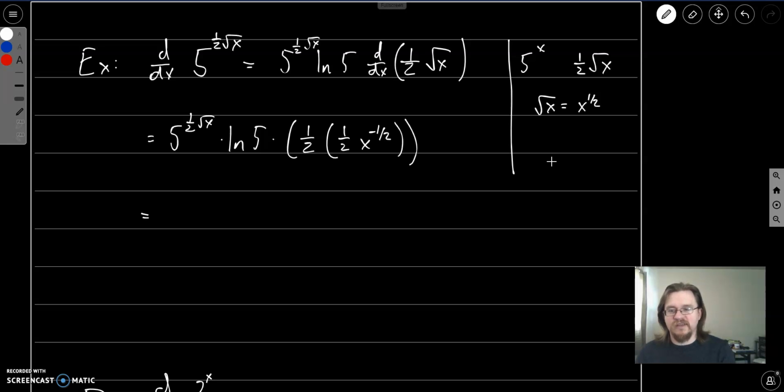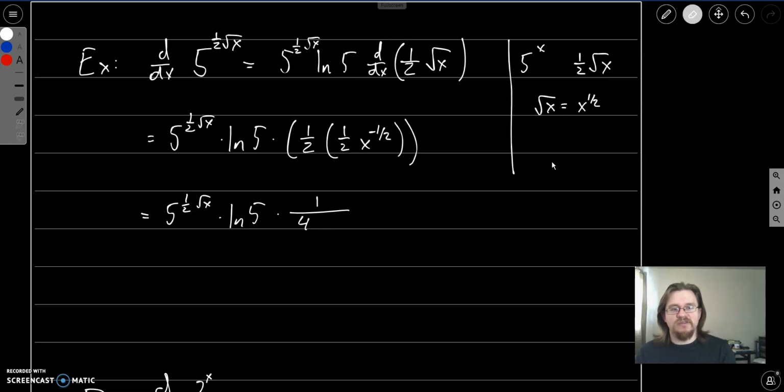Let's simplify this. We have 5 to the 1/2 square root of x times the natural log of 5. I have 1/2 times a half, so it's going to be 1/4. And then what I might do is write this as 1/4, and then x to the negative 1/2, well, that's going to be putting x to the 1/2 on the bottom of the fraction.